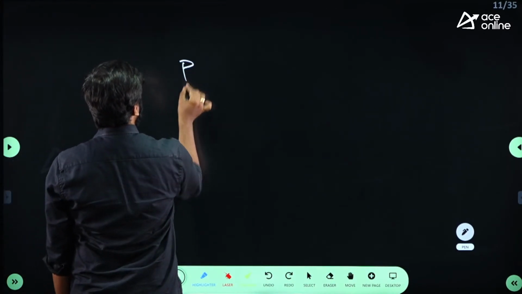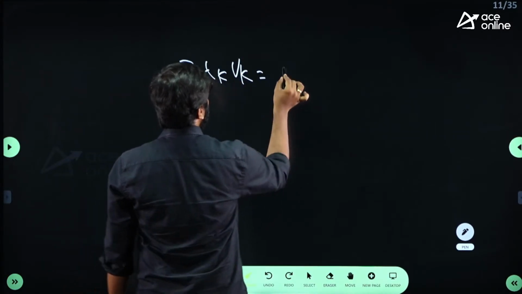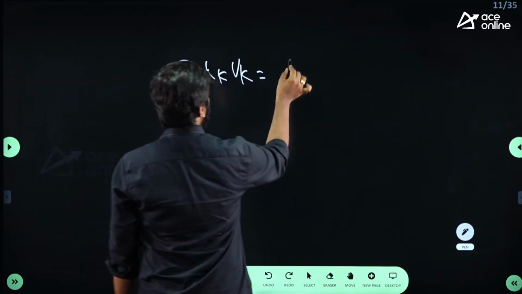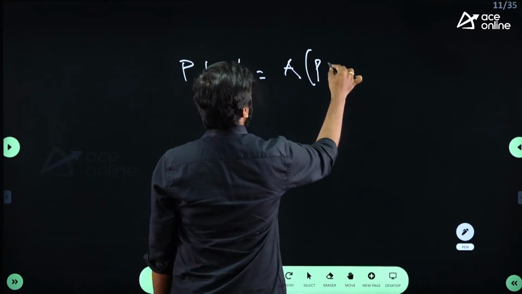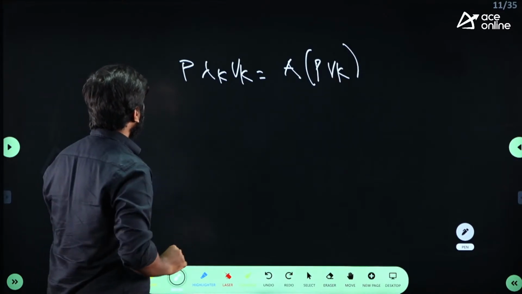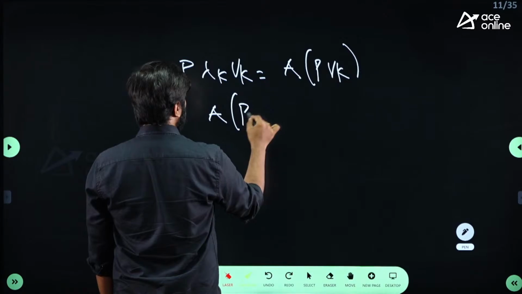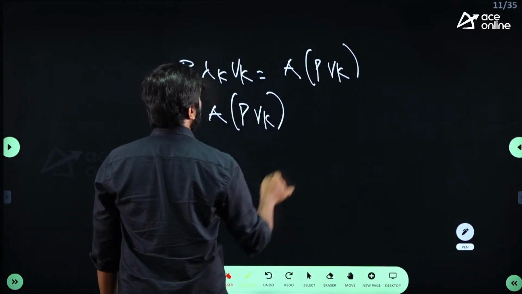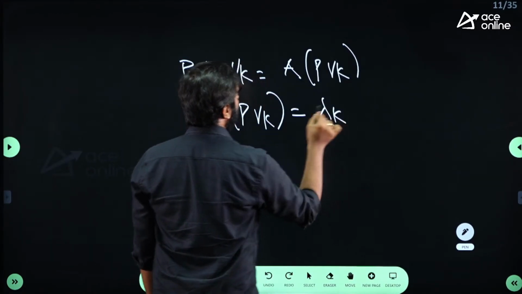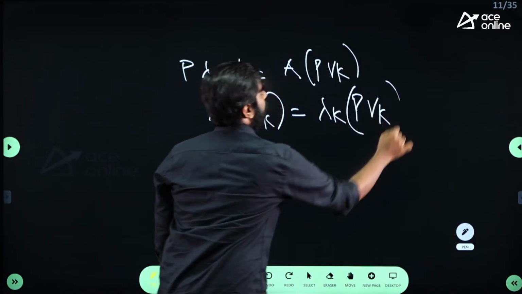So we have P into lambda k Vk equal to A into P Vk. So we have almost got the answer. Can I rewrite like this: A into PVk equal to lambda k, which is a scalar, you can put that out, and then you have PVk.